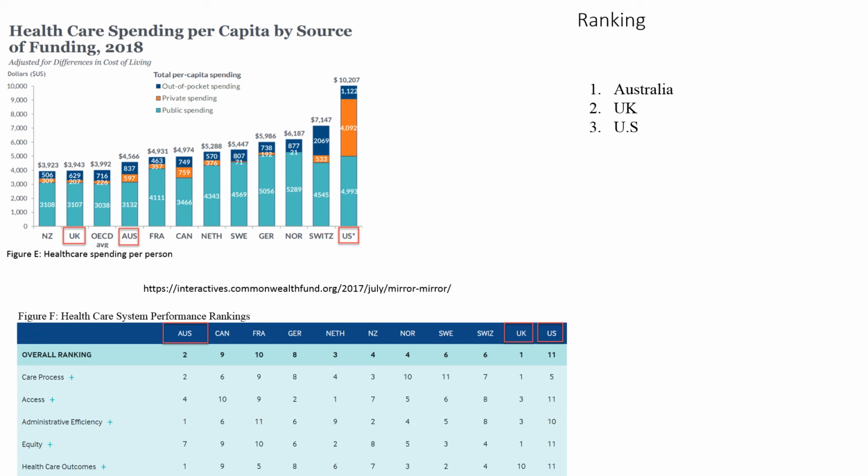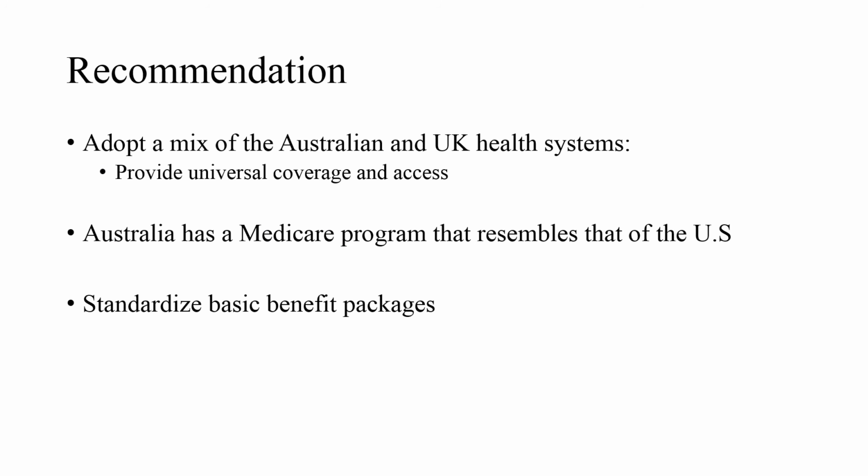If you look at the healthcare system performance rankings, Australia is number 1 with administrative efficiency and also healthcare outcomes, and that's why I ranked Australia 1. The UK is just slightly under Australia. I probably have Australia and the UK as number 1, and the US number 3. As we went through, you could see why I ranked the US number 3.